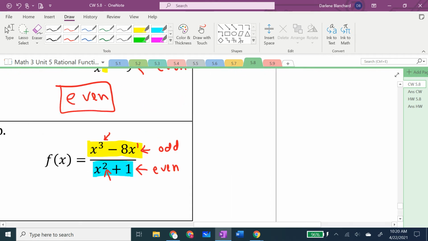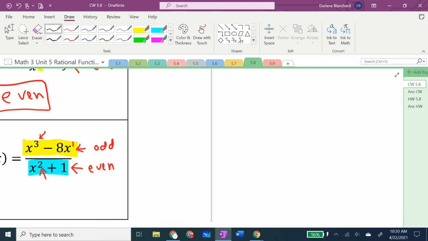If you're dealing with a polynomial, and you're adding together terms where one of them has an odd exponent and one of them has an even exponent, that's going to turn into a neither. Only the polynomials can come up as neither, and if one of the polynomials comes up as neither, that's the only way for the whole rational function to be neither.